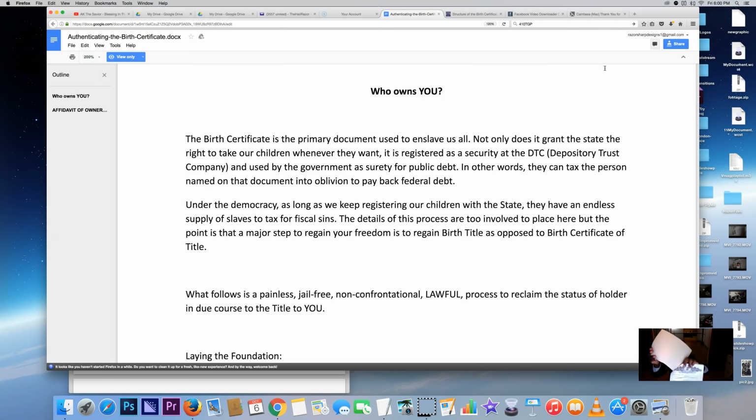Also they'll have a sticker, a state seal, a gold seal, which mine is up here. They actually folded it on top of the certificate of live birth onto the cover page, and it also has a state seal right there. Once they give you that, you walk out. Congratulations, you have successfully authenticated your birth certificate on the state level.